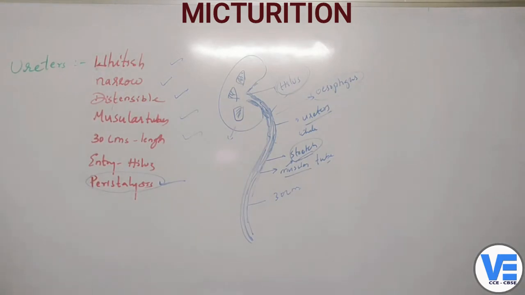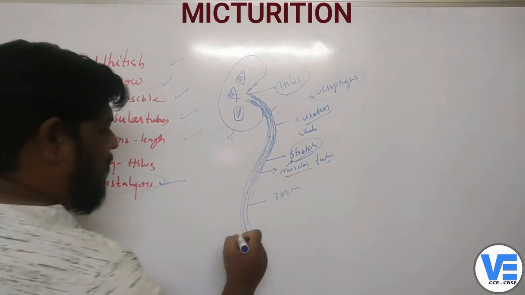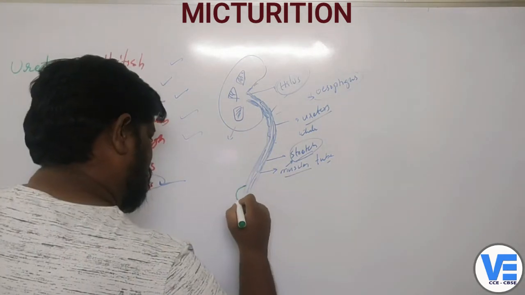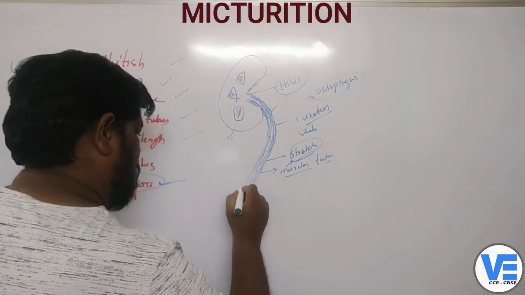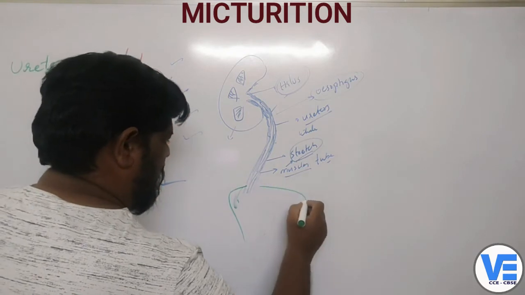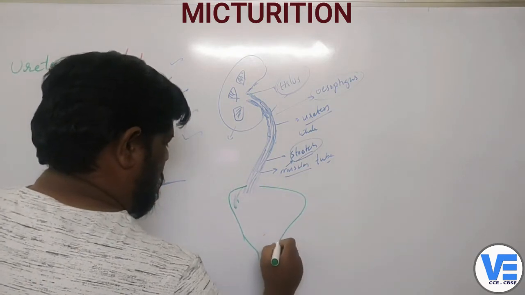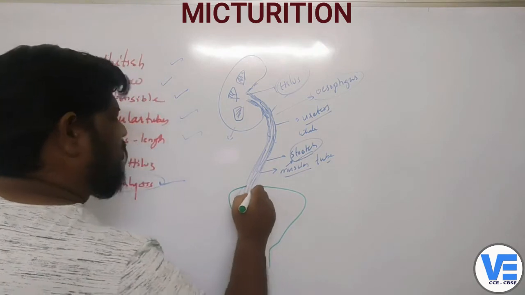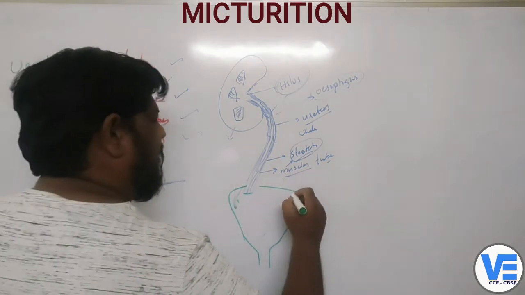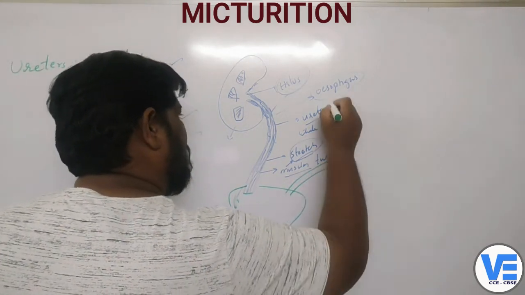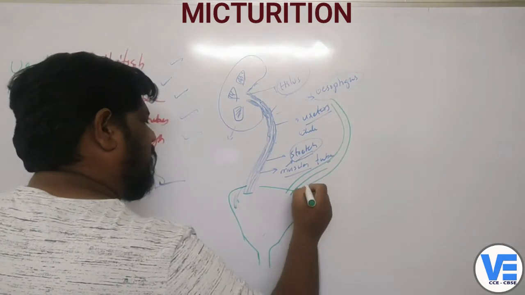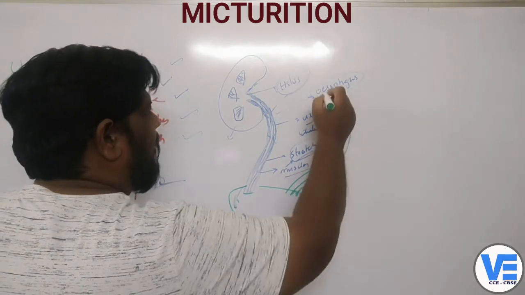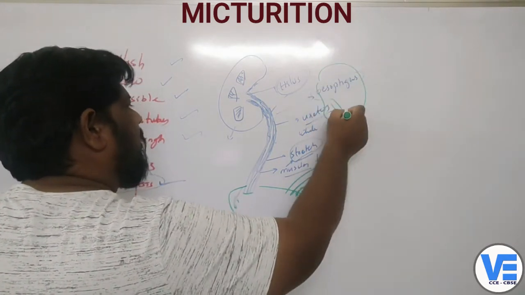Okay, children, so now we'll talk about the urethra also. We'll go ahead with the urinary bladder. This is one of the ureters, and the other one also enters through the other kidney, which is on the other side.